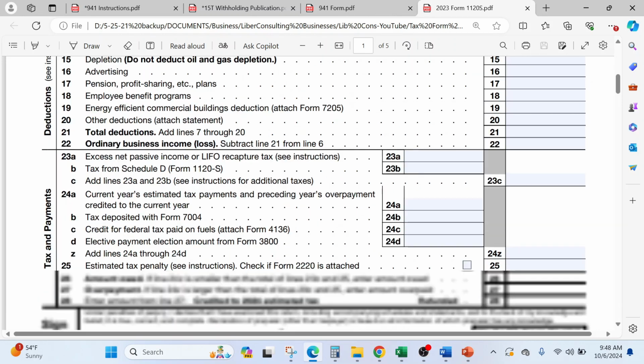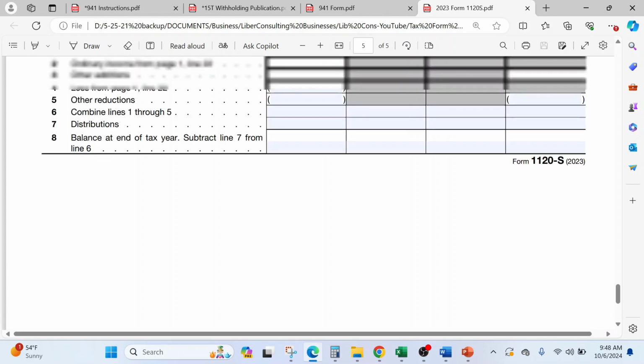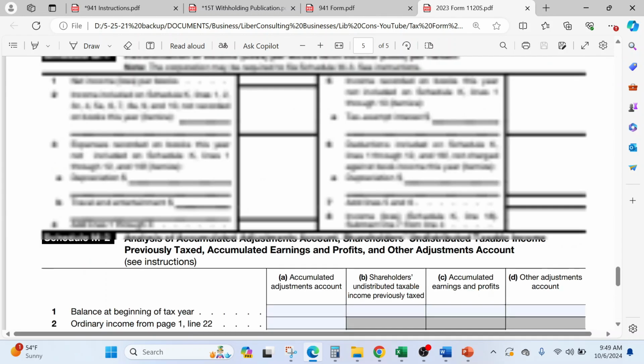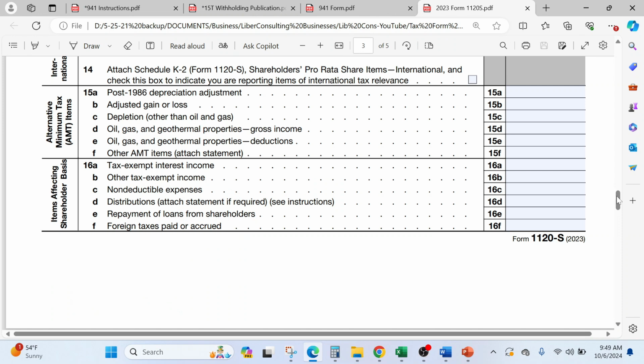It is Schedule L. Under liability and shareholder equity section, you have capital stocks. That's where you can include capital contribution to your business, and just make sure you track those cash and that you are contributing to your business.